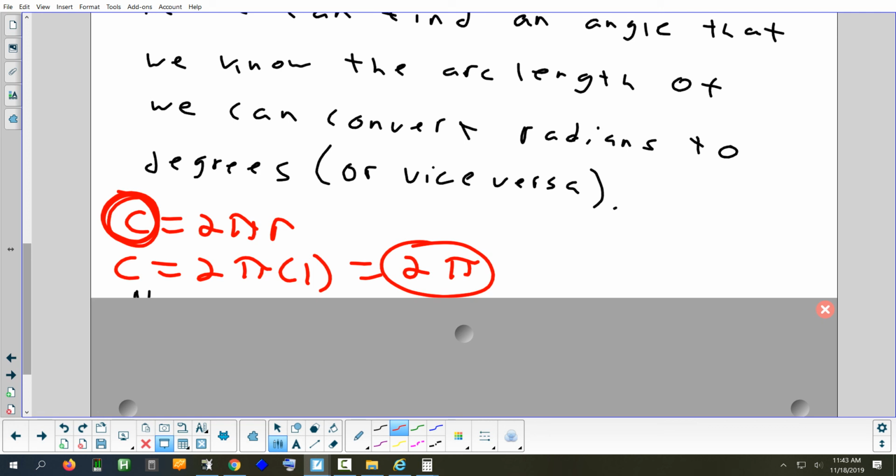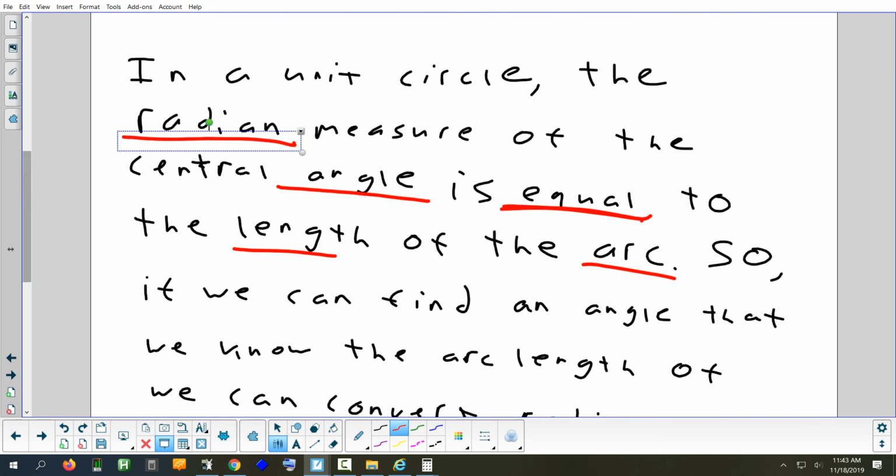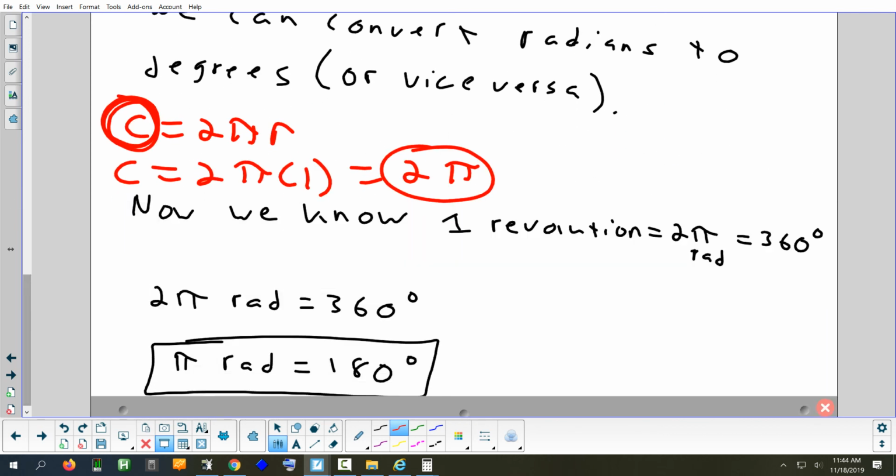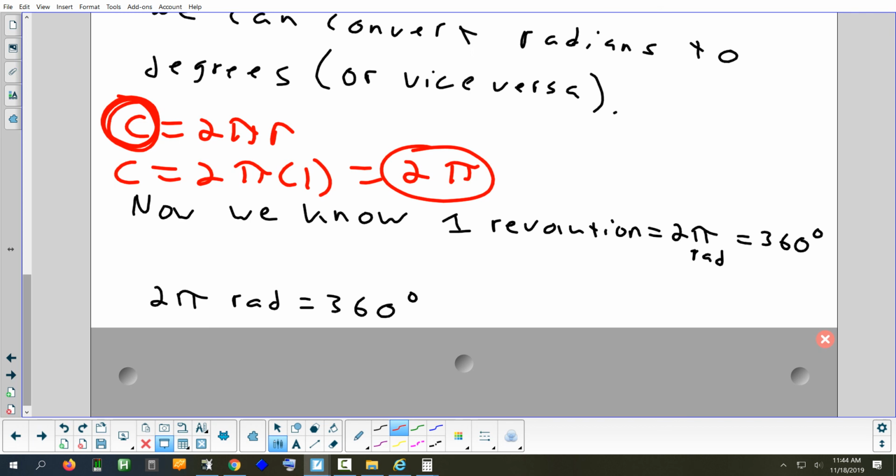So if the circumference is 2 pi, how many radians to go all the way around? 2 pi, because the length of the arc, 2 pi, is equal to the angle in radians. So it's 2 pi radians to go all the way around the circle.